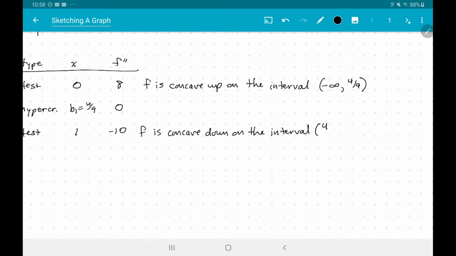It starts at the hypercritical number 4/9 and it goes all the way to the right to infinity. So as before, each interval picks up where the previous interval left off, assuming that you've listed everything in order from least to greatest. And again, the hypercritical number is used as the boundary of the interval to the left and right.